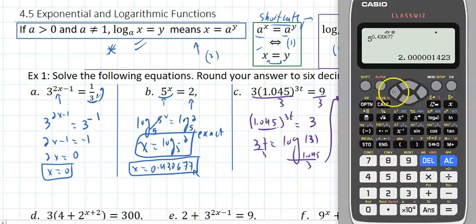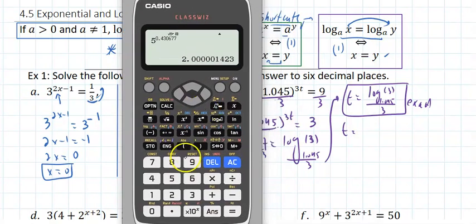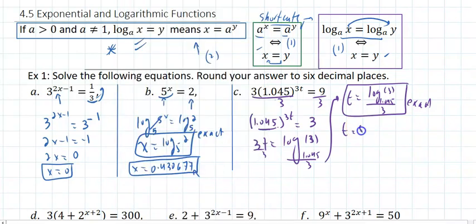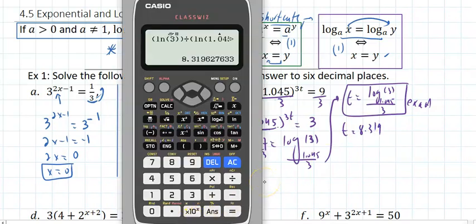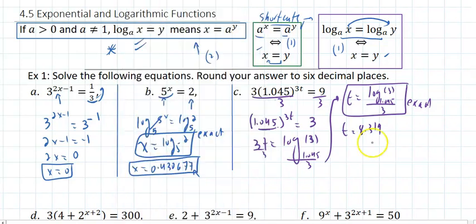And if I'm going to use my calculator, I will write it as I see it: parentheses, natural log of 3 divided by natural log of 1.045, divided by 3. One shot. 8.319628. There it is.